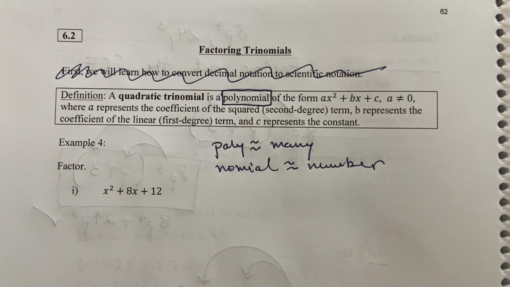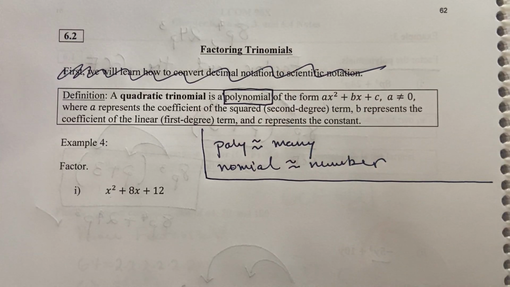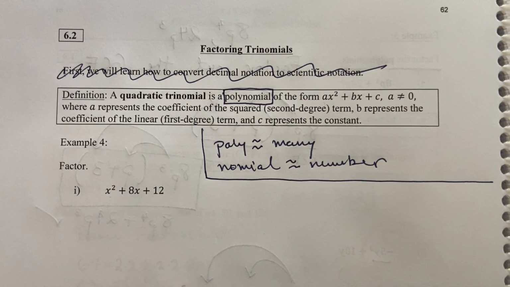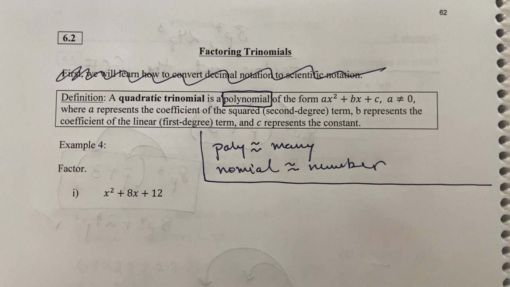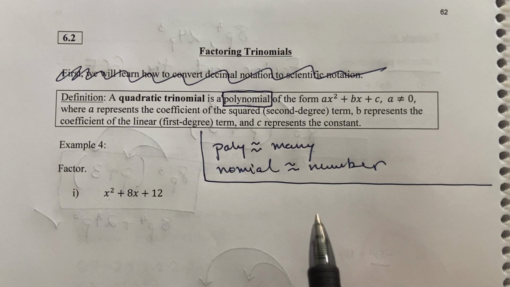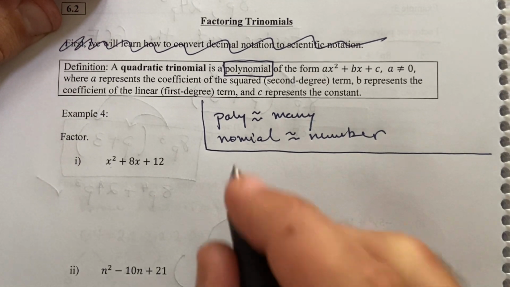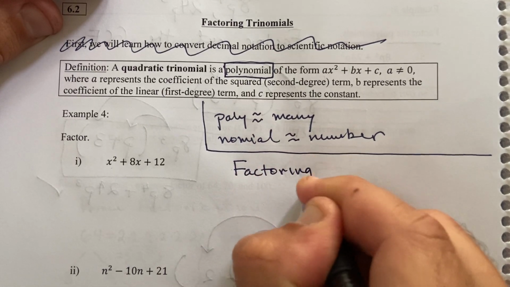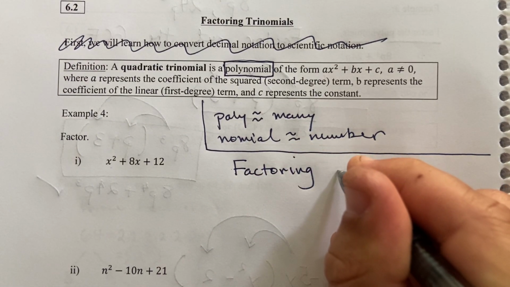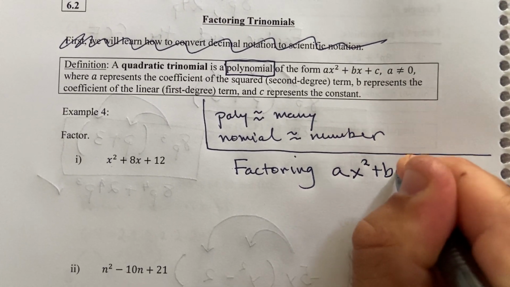Okay. What I'm going to do is explain this in a fairly general way. So I'll probably just do the first one and the fourth one so that I can fill up this space with this routine. So this is factoring things such as, let's just write ax squared plus bx plus c.